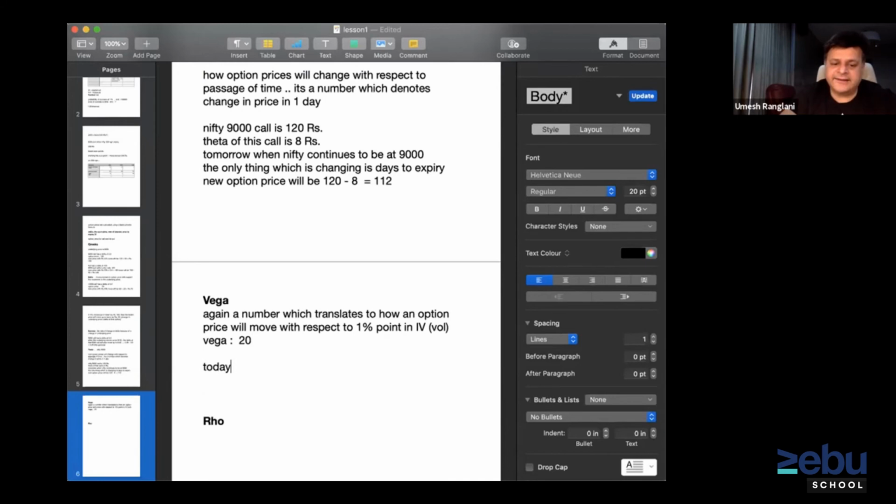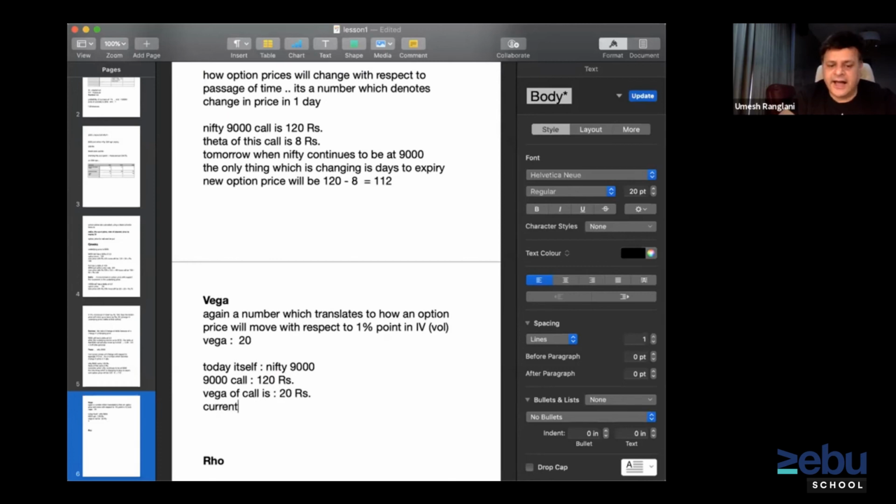Let's say today itself, Nifty is at 9,000. The 9,000 call is, let's say, 120 rupees. The Vega of this call is, let's say, 20 rupees.